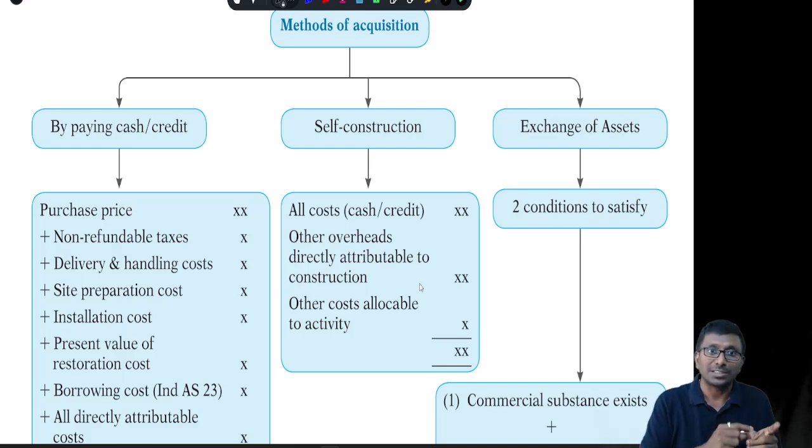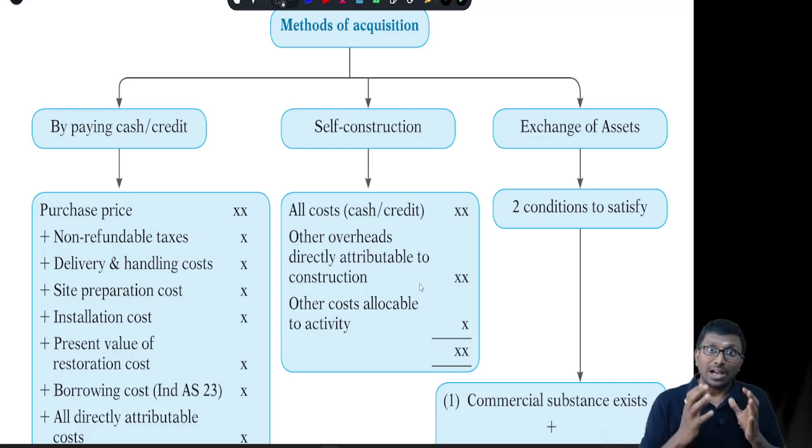Any other overheads which are directly attributable to the construction. What do you mean by directly attributable? Directly attributable means it is incurred because of the PPE, one way to say. The other way to say, if I had not bought the PPE, I would not have incurred it. Any one way you can say, but generally the second way will give the right answer.